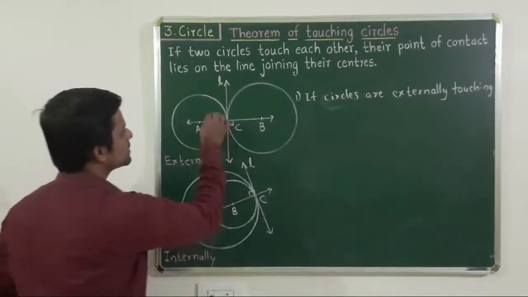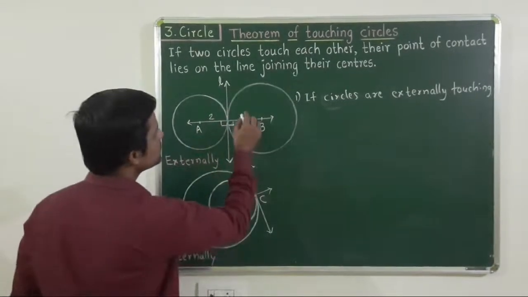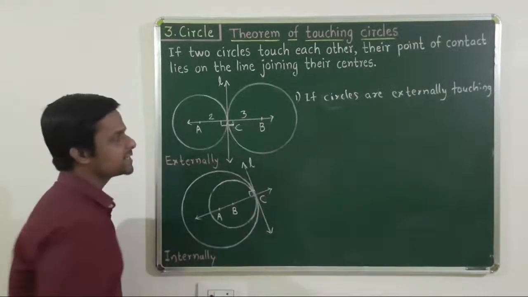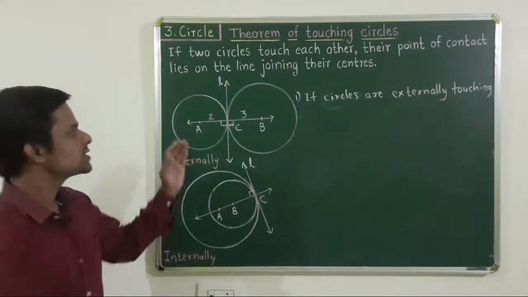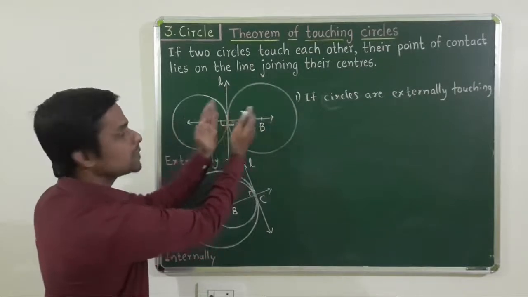Suppose the radius of this circle is 2 centimeter, AC is 2, and the radius of the second circle is 3. Then what is distance AB? Is it the sum of their radii, that is 2 plus 3?